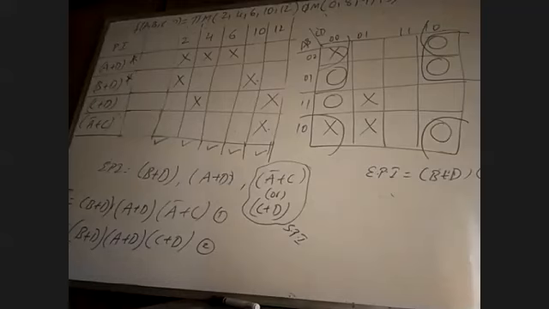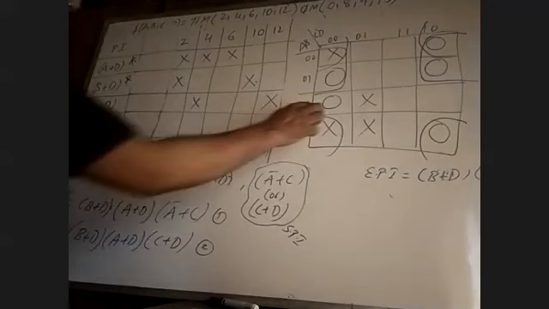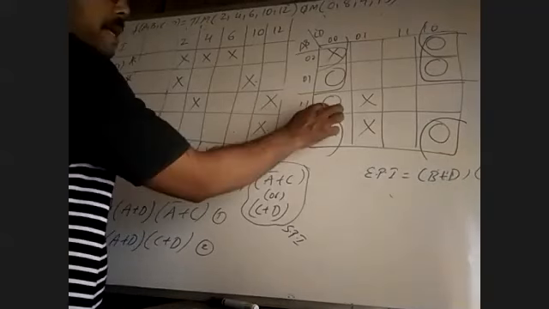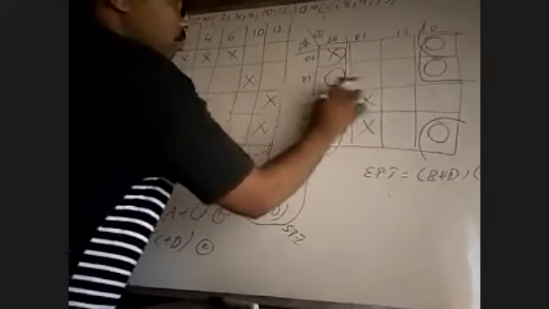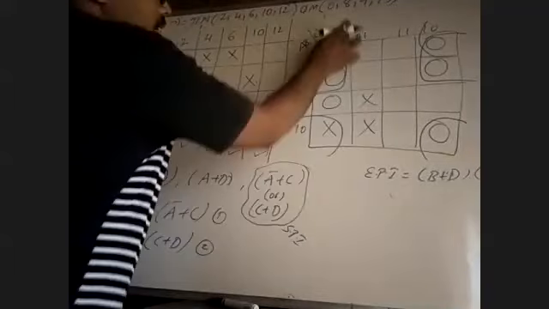And the last one, we have to cover the max term 12. To cover 12, two possibilities are there. I can make this as one quad or this as one quad.